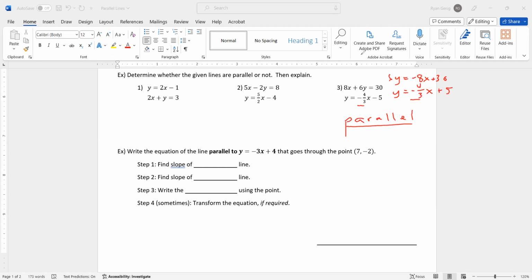Okay. Now, the next example and the next three examples really is more what you're going to have to do on your test. So I'm going to go through this kind of slowly at first, and then we'll do a couple more quickly. So we want to write the equation of the line parallel to that line that goes through the point 7, negative 2.